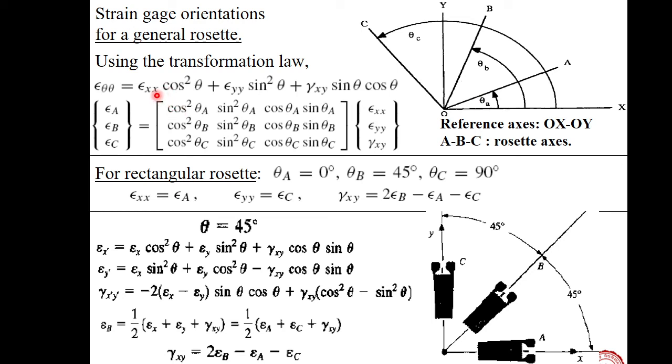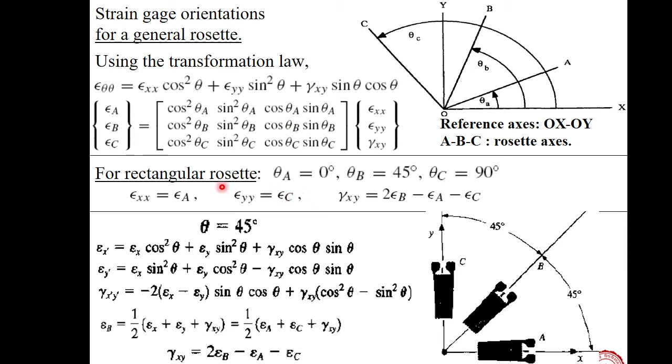Now, epsilon A is epsilon x cos square theta A, plus epsilon y sin square theta A, plus the term with sin theta and cos theta. Same thing for theta B also, the same thing. So this is the general expression.